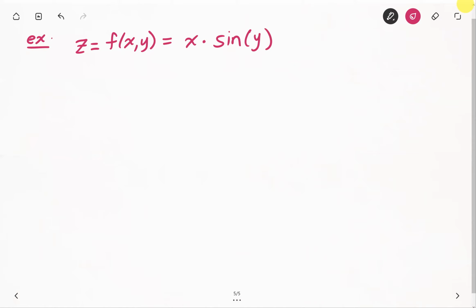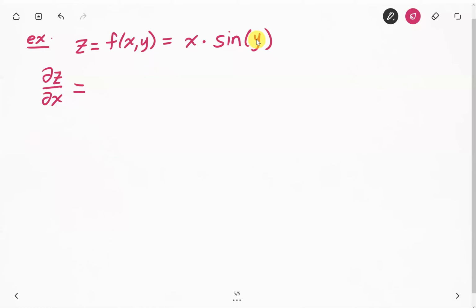This, at first glance, looks a lot like a product rule because it's the product of two functions. But what if we want to calculate the derivative dz dx? Remember, this notation means that x is the variable and treat y as a constant. The x on the bottom means you have x times sine of y.